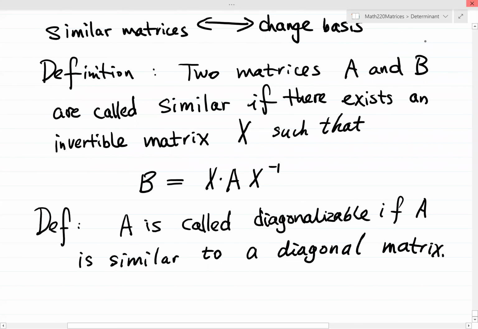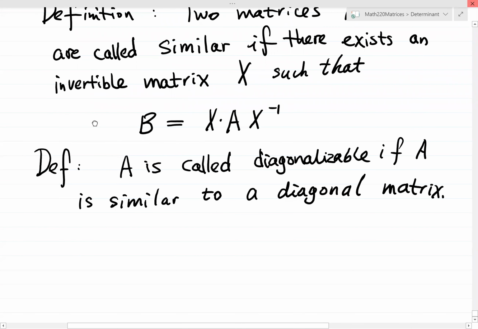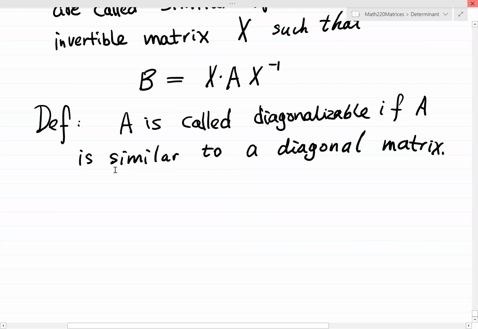Okay, now suppose A is diagonalizable, then we can do a lot. Okay, and then we have this theorem.